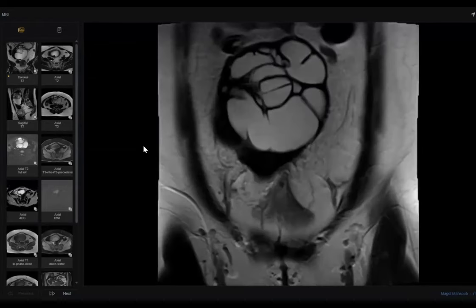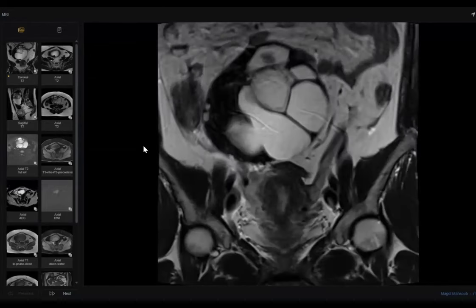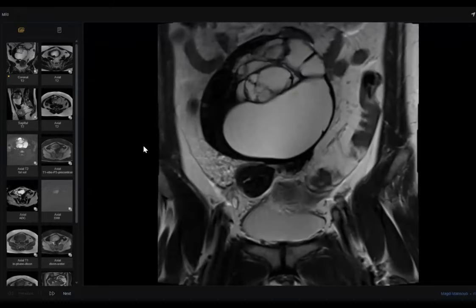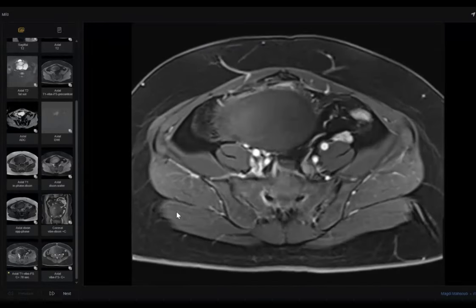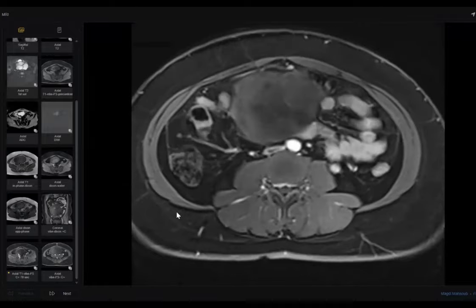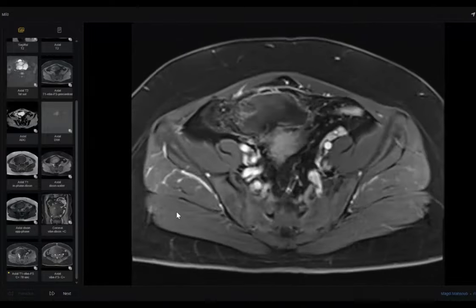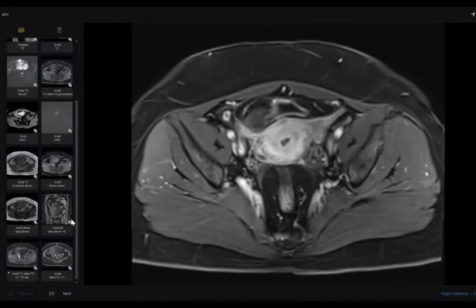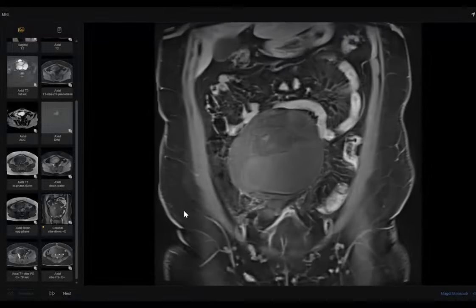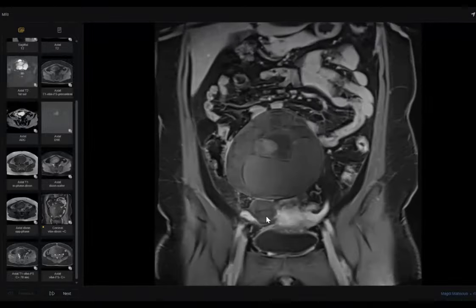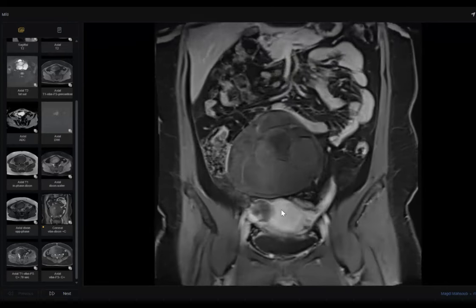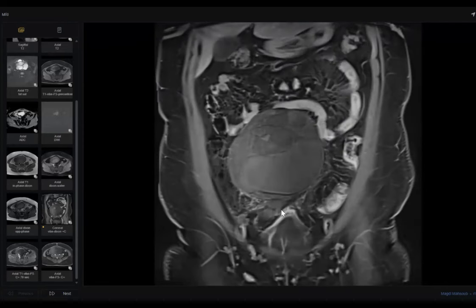This pedicle is twisted around itself. Best to pick this up especially in contrast. Look here, the ovary is totally non-enhanced. Second point, go down. I think coronal is better. Look here, a curvilinear structure twisted upon itself, like any type of torsion or volvulus. Swirl sign, look, some circles within each other.